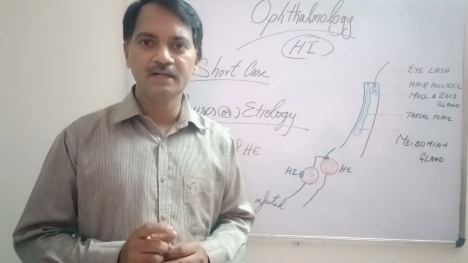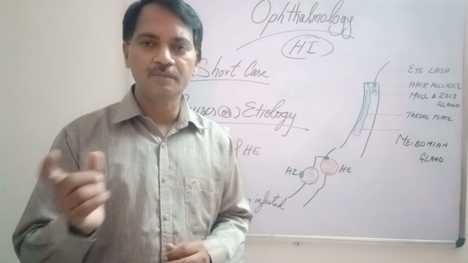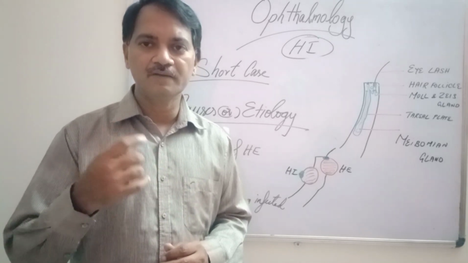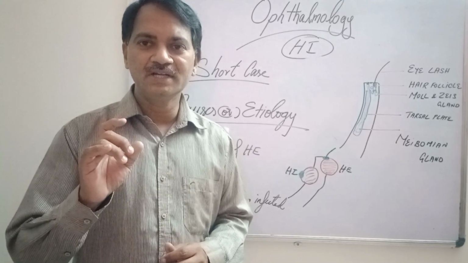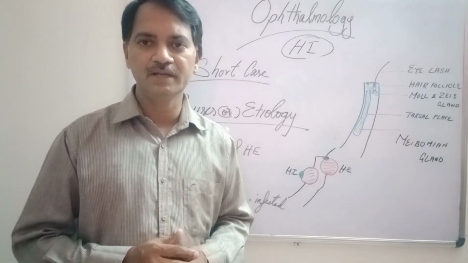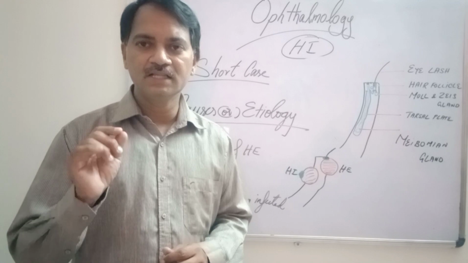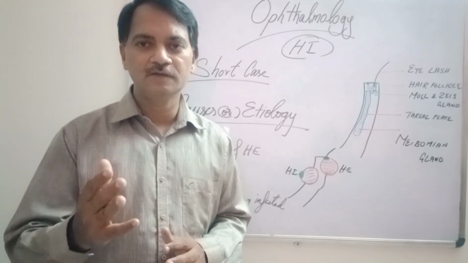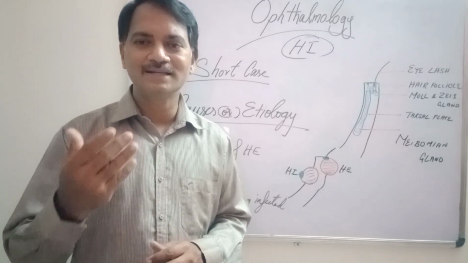Whether it is situated in the middle of the lid, or lateral 1/3 of the lid, or medial 1/3 of the lid, whether it is close to the lid margin or away from the lid margin. Like that, we have to describe the swelling properly in the case presentation. That is very, very important. Next, we have to talk about whether the swelling is tender, apart from the signs of inflammation like whether the swelling is warm or it is red in color.